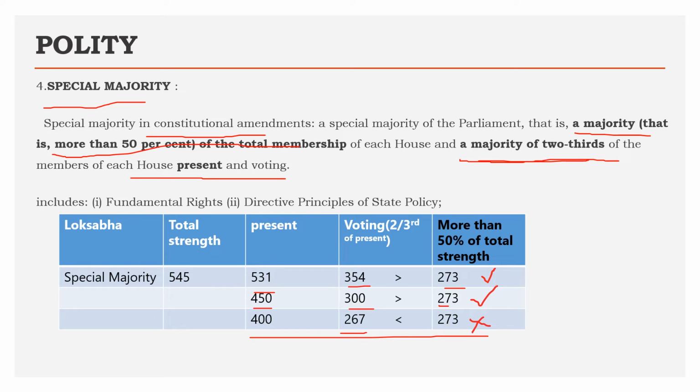In this case the 273 criteria is not fulfilled. In this case the special majority does not work. So special majority is that thing where two criteria need to be fulfilled. That is the reason why it is called special majority.